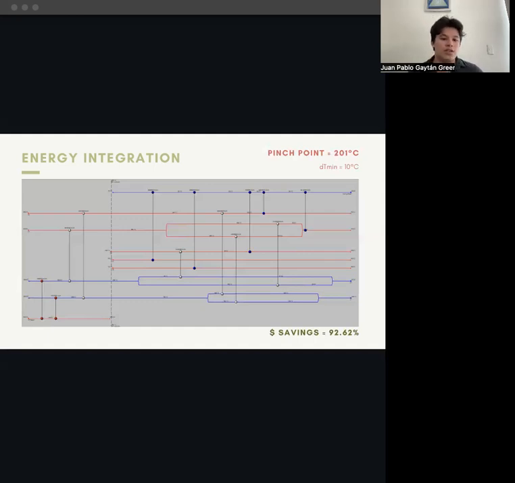To conclude the section on energy integration, with the analysis of utility costs by the book used in this course, it was determined that 92% of the cost previously used in utilities is saved by the usage of the new heat exchanger network. However, a more profound economic analysis is needed to determine the impact of the new heat exchangers used in the process, because these heat exchangers are a fixed cost in investment, whereas the utility cost is something that happens annually.